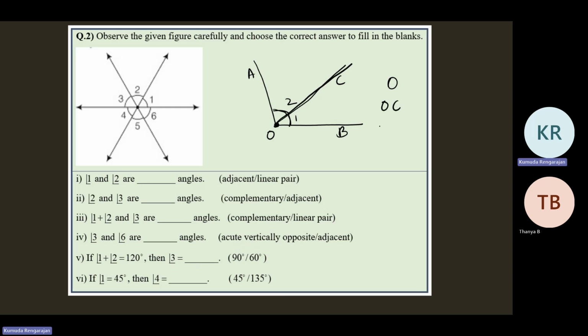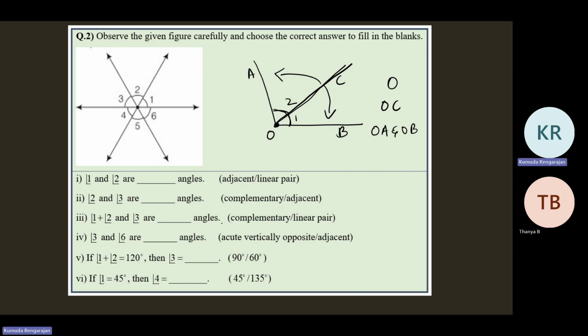Their non-common arms OA and OB lie on either side of the common arm OC. So angle 1 and angle 2 are adjacent angles. Able to recall this, Tanya, or I can tell you more in detail? No, ma'am, I'm able to recall.